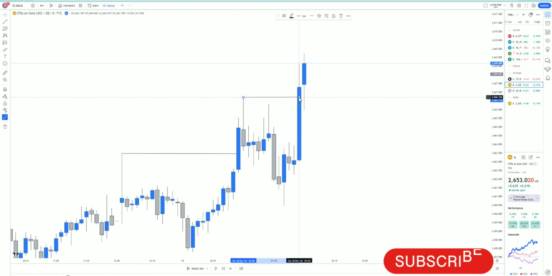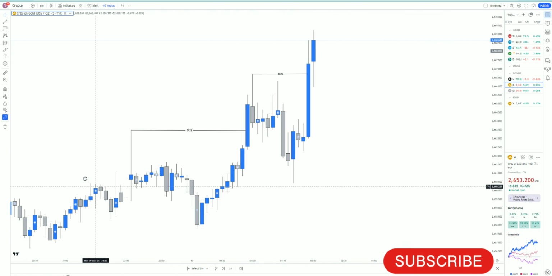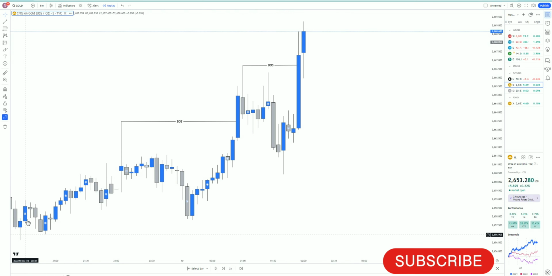So we know the direction of the market now. Let me mark this as BOS. And also this is a BOS. So this is really showing that the market is in an uptrend.